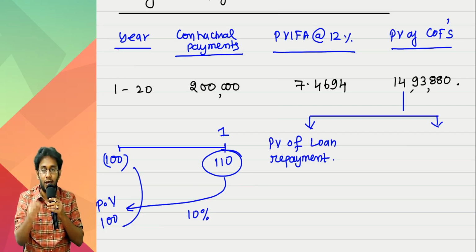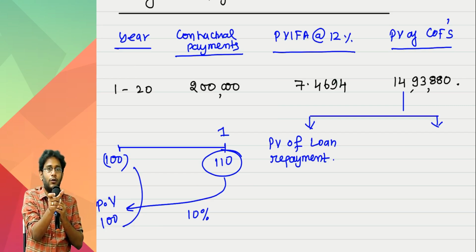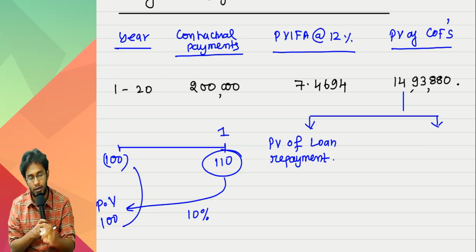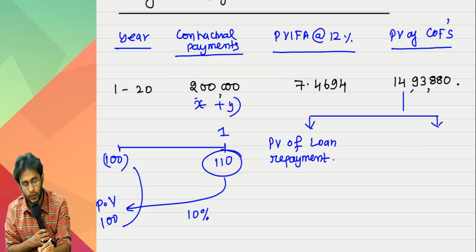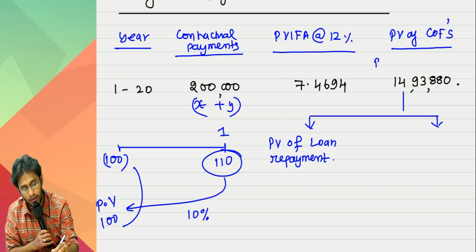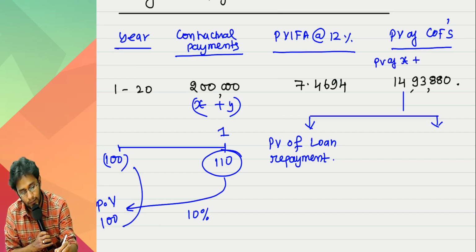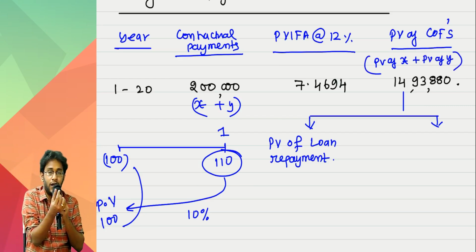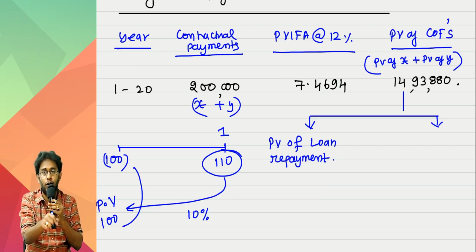Like that, in the 2 lakhs you are paying, 2 components are there, X and Y. The 14,93,880 is the present value of X plus the present value of Y. Y is my loan installment, which is included in the lease payment.